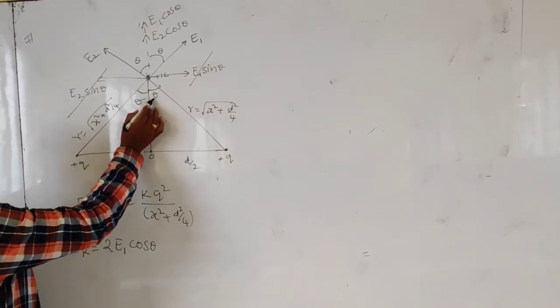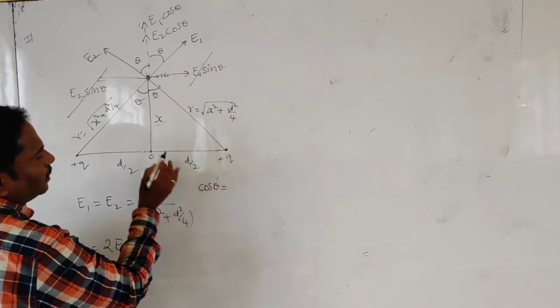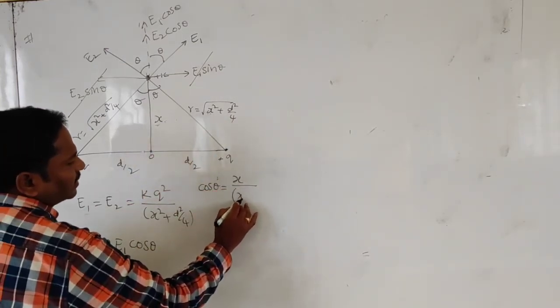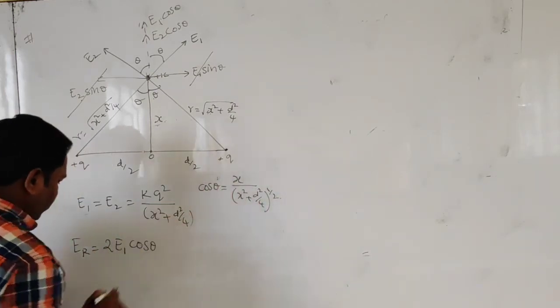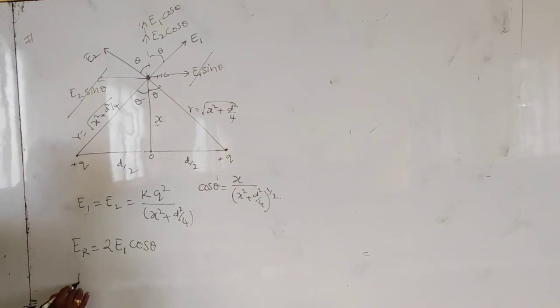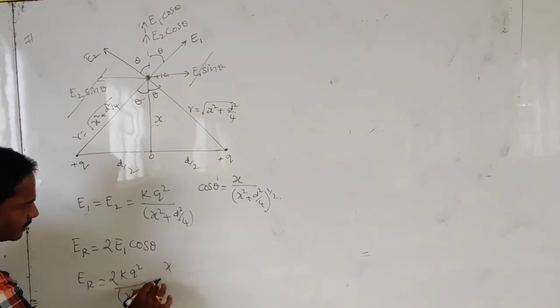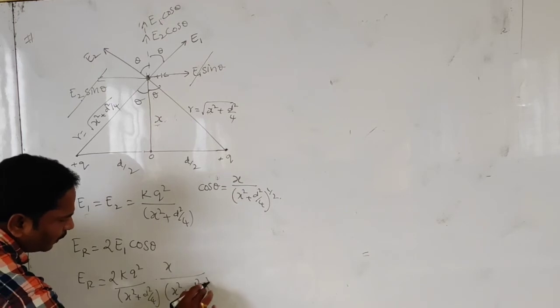Cos theta equals adjacent side by hypotenuse, so x by x square plus d square by 4 whole power 1 by 2. So now we write E resultant equals 2 into k q by x square plus d square by 4, into x by x square plus d square by 4 whole power 1 by 2.